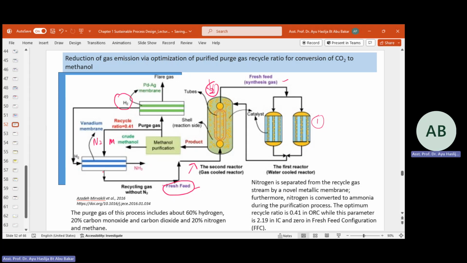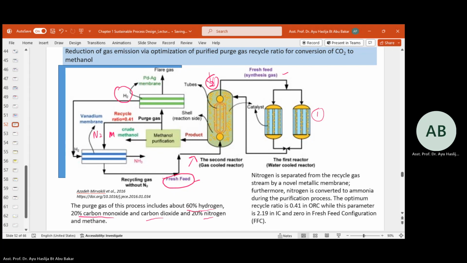Okay, then it produces the fresh feed to the reactor. The purge gas of this process includes, as mentioned here, hydrogen, CO, CO2, and nitrogen, and also methane.